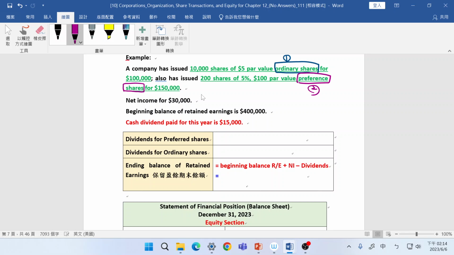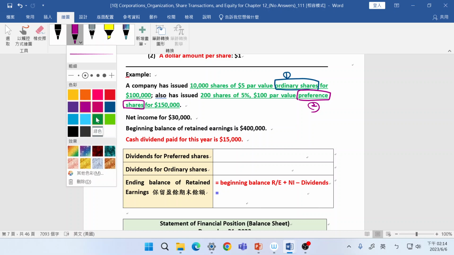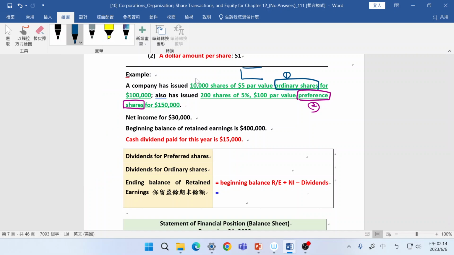So for ordinary shares, here it told you ordinary shares had a par value of $5. Okay? Par value, 面额, remember what it means? It means for ordinary shares, par value is $5, right? Okay. And here it told you 10,000 shares.